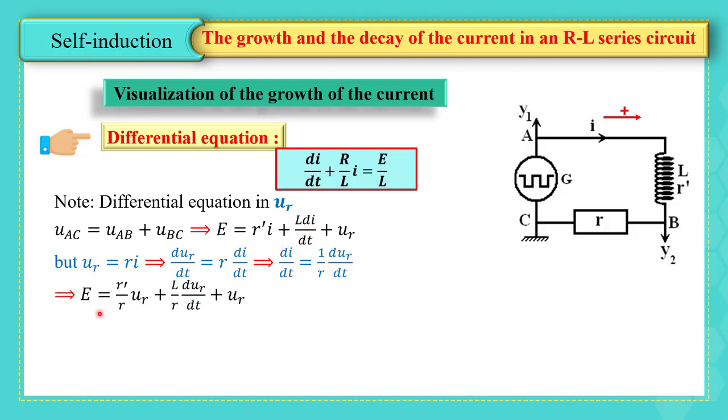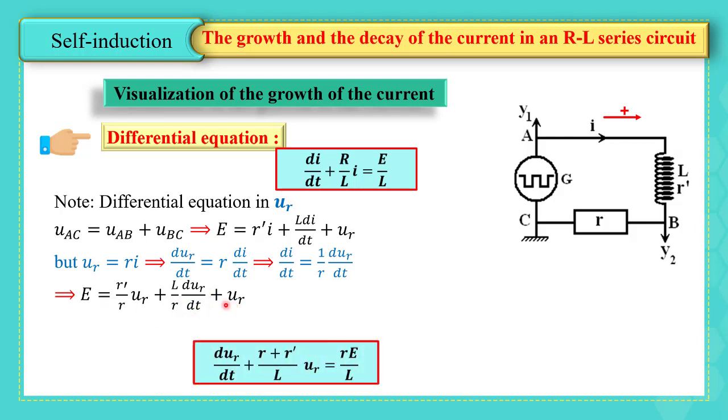So we will have E equals R prime over R times UR plus L over R dUR over dt plus UR. Now we take UR common and we multiply by R and divide by L. We will have dUR over dt plus R over L multiplied by UR equals RE over L, which is the differential equation that governs the variation of UR in terms of t.